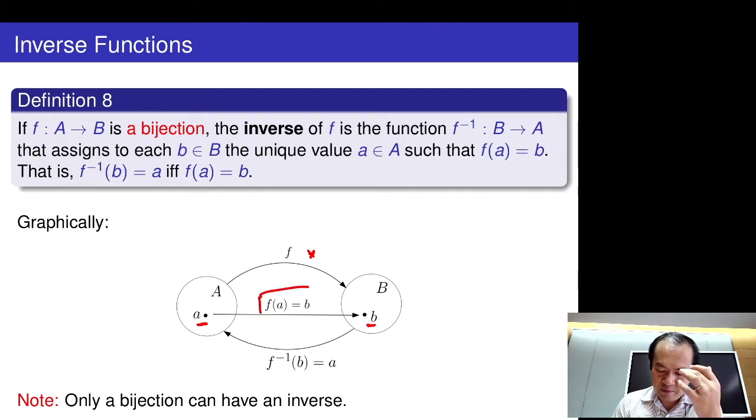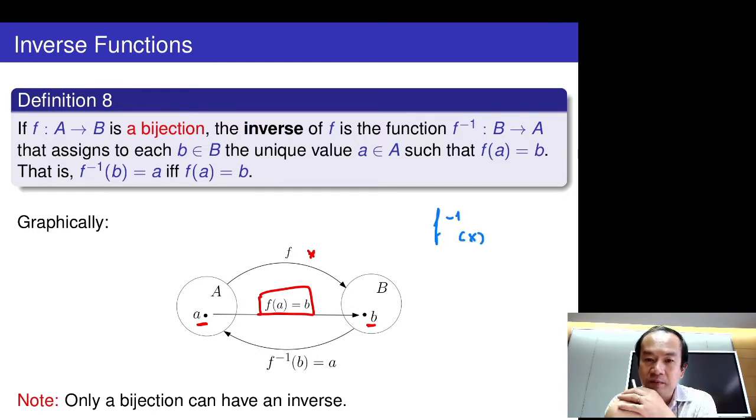Let's say here. So then the inverse function, which we will usually denote as f inverse, f to the power minus 1, will be a function that is mapping the b in the set of capital B back to the a in the set of capital A. So it's opposite to the function f.